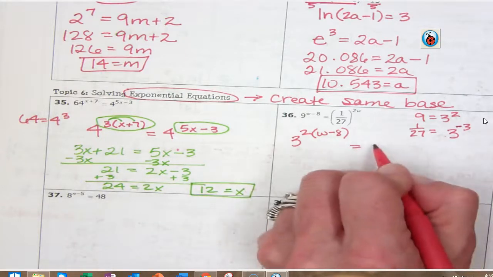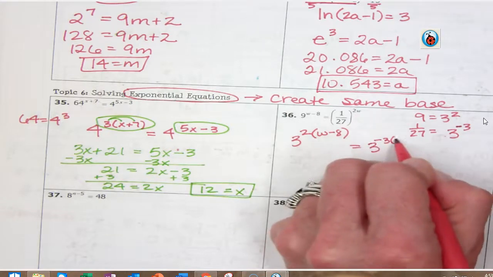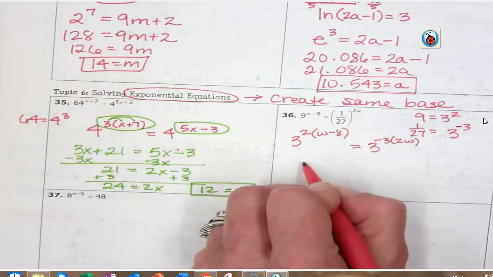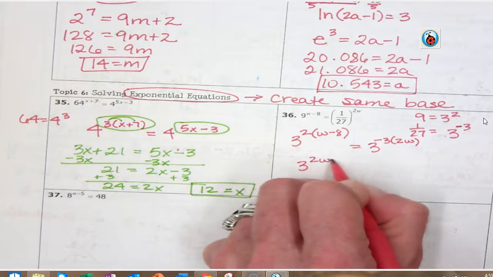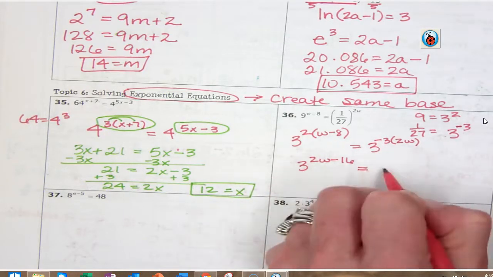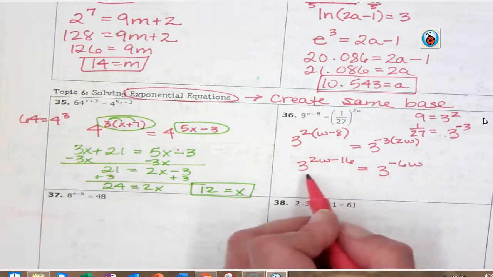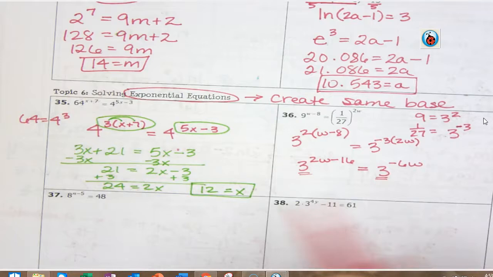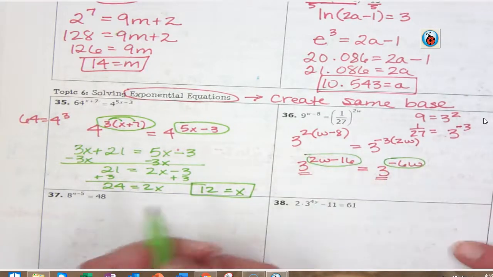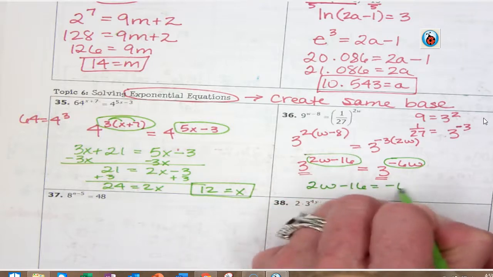So now I've got 3 to the negative 3 times that 2w. I'm going to multiply that out. 3 to the 2w minus 2 times negative 8 is 16. 3 to the negative 6w, but now I've got the same base. So now I can just set these equal to each other. So I get 2w minus 16 equals negative 6w.